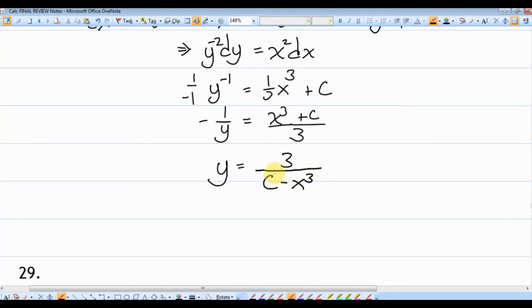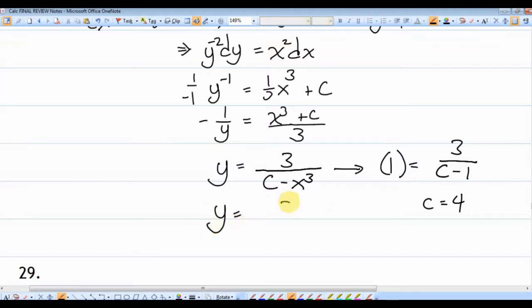Awesome. y equals 1 when x equals 1, so we can go ahead and do that now. 1 equals 3 over c minus 1. So it looks like c equals 4. Therefore, y equals 3 over 4 minus x cubed.